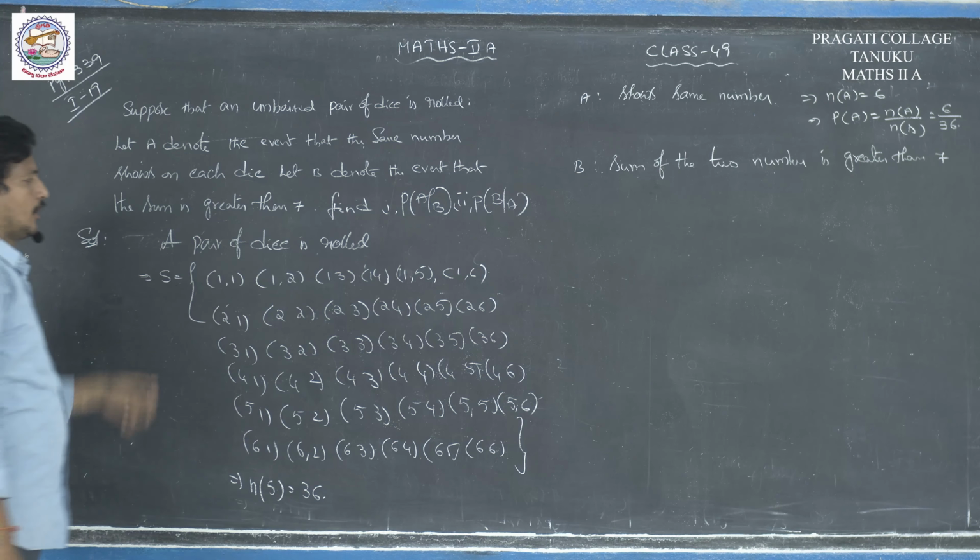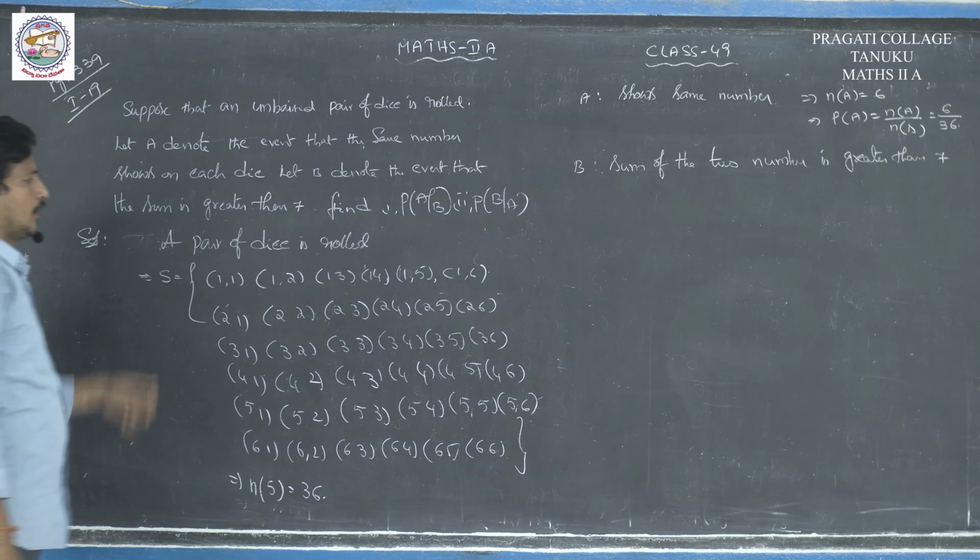Now A intersection B. A intersection B means the sum is greater than 7 and also the two numbers are the same.